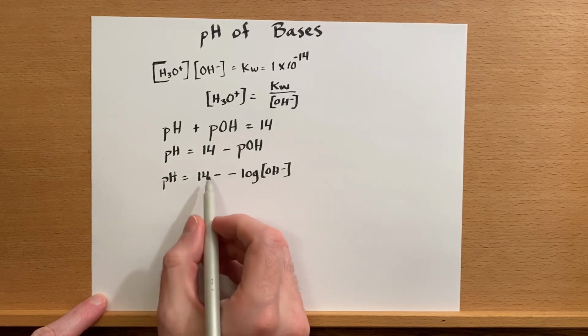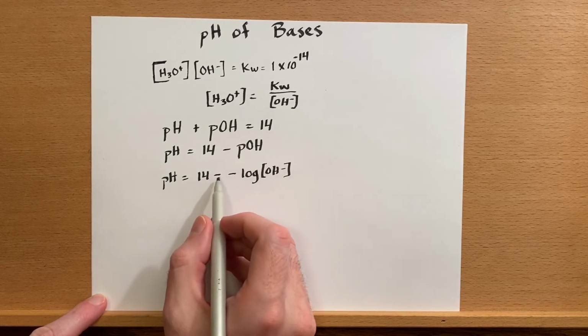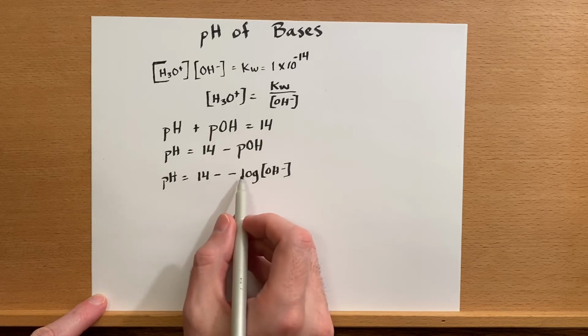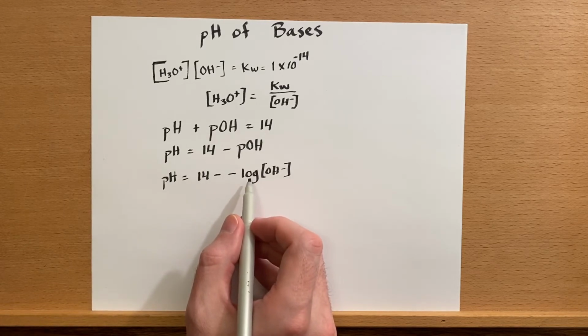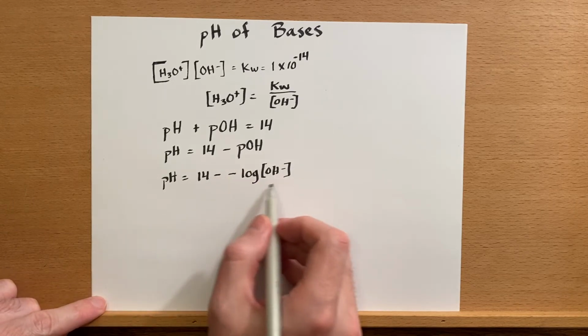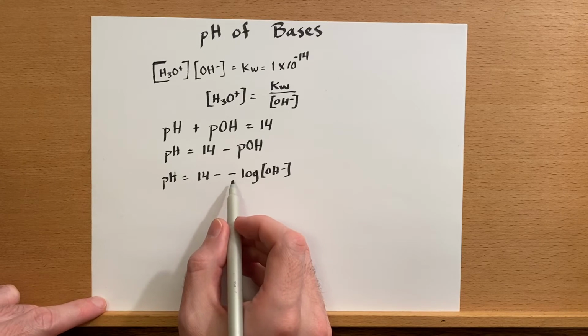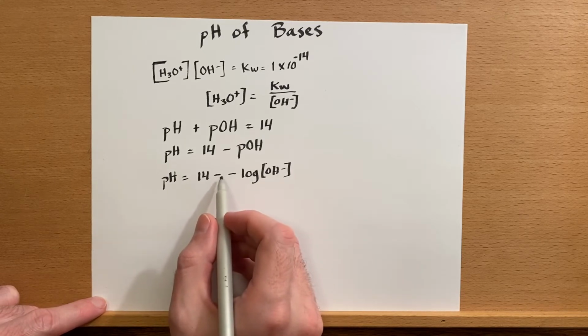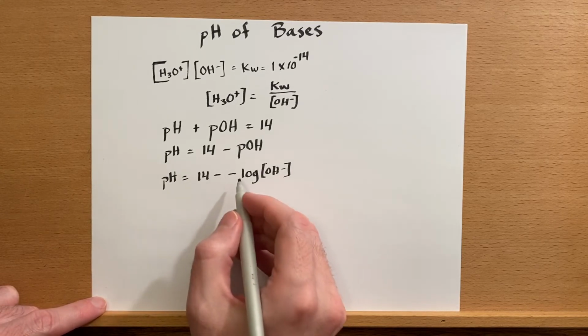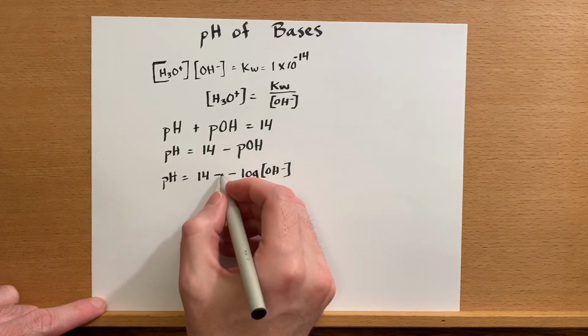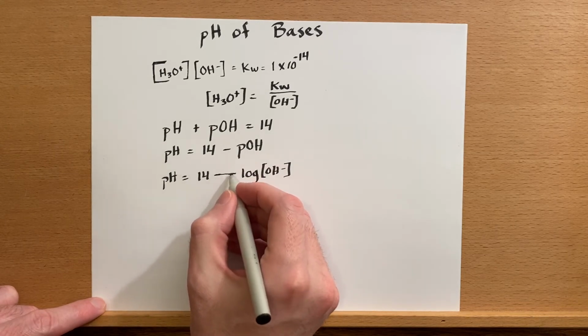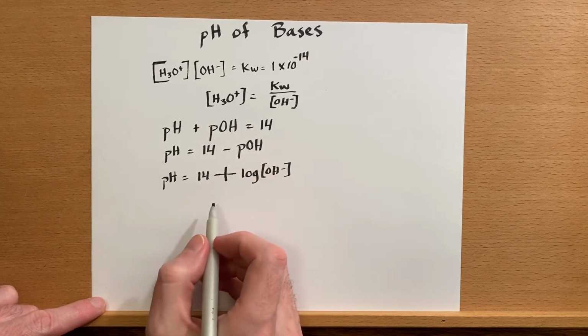So now we get pH equals 14 minus negative log of the hydroxide ion concentration. This is just the definition of pOH. And you'll notice that if I have a minus and then another minus sign, that's the same as if it was a plus sign right here. So I'm just going to change this into a plus.